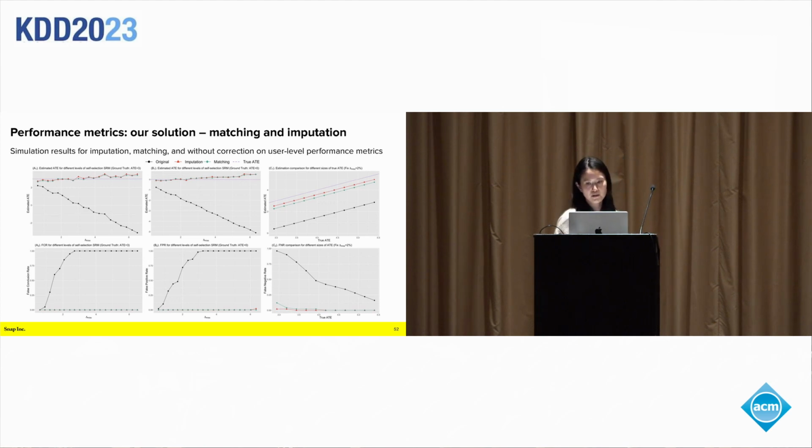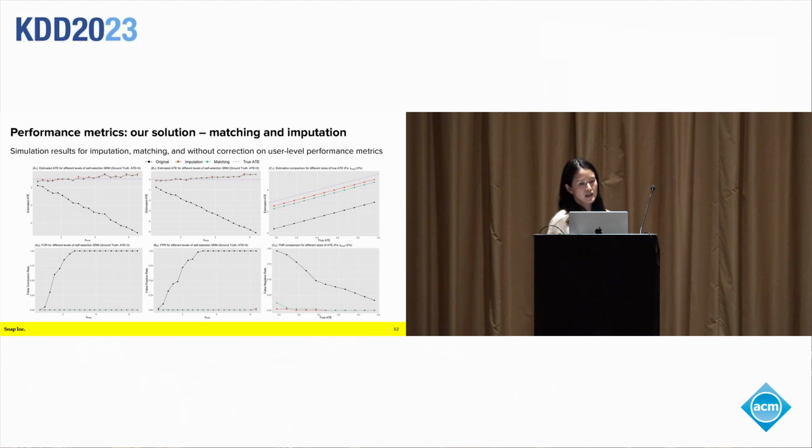So in these figures, probably it's not very obvious, but there is a purple dashed line in each figure. This is the true ATE, or we can consider it the ground truth. And the black line is the result without any correction, so basically with the missing data problem.